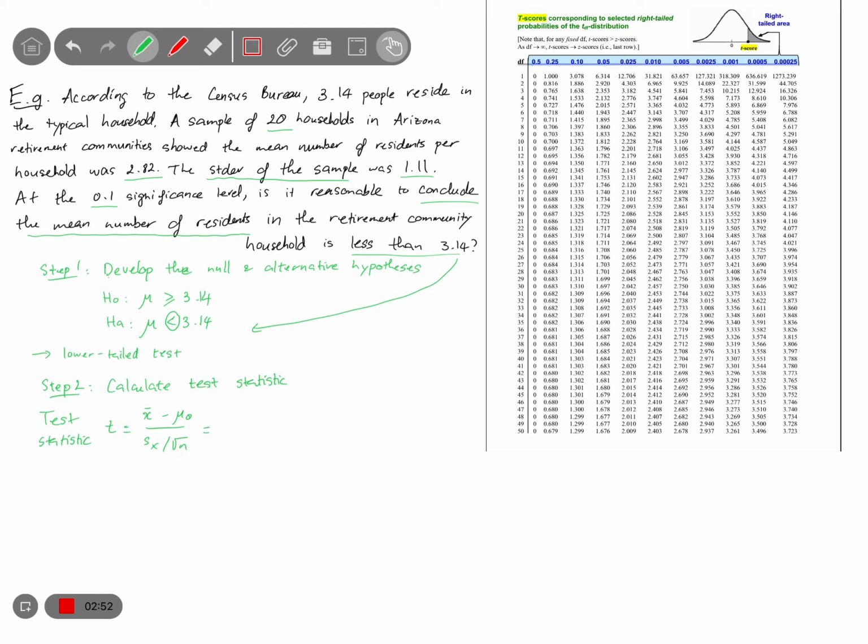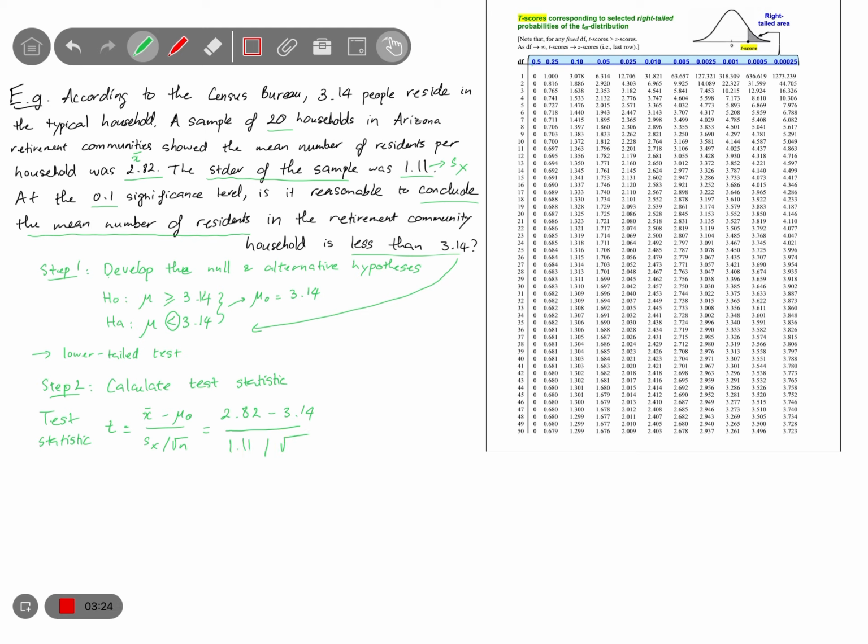X bar is the sample mean, which is 2.82. Mu sub 0 is the hypothesized value, so it's the value that shows up in your hypotheses. So mu sub 0 is going to be 3.14, divided by the sample standard deviation, which is 1.11, over the square root of the sample size.